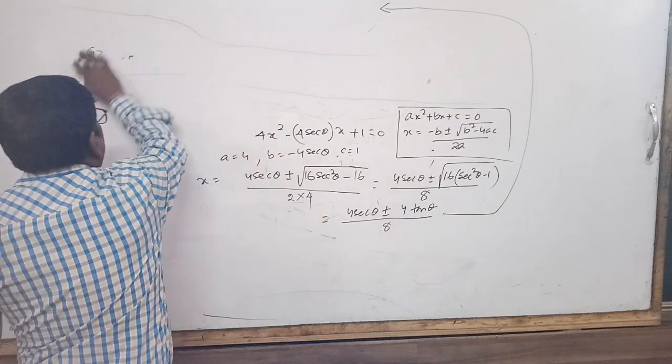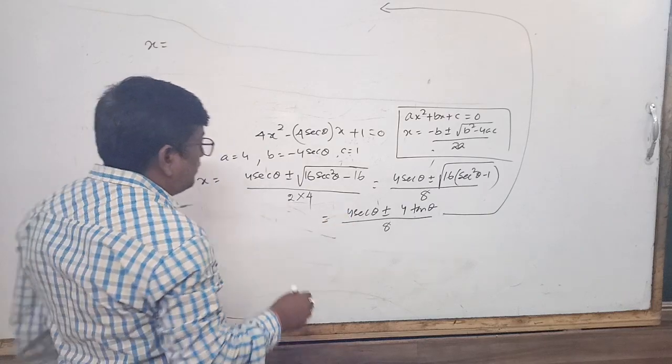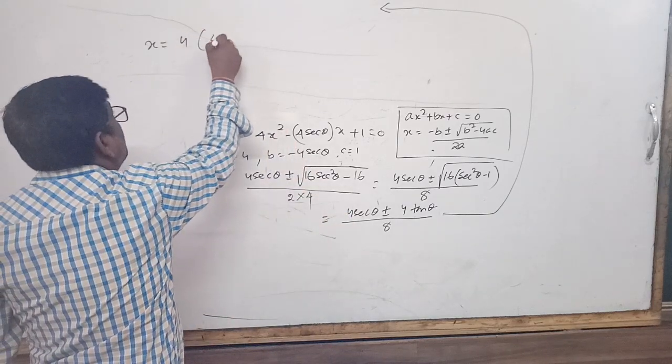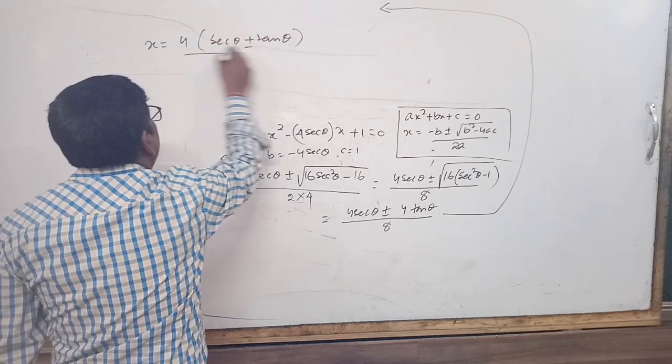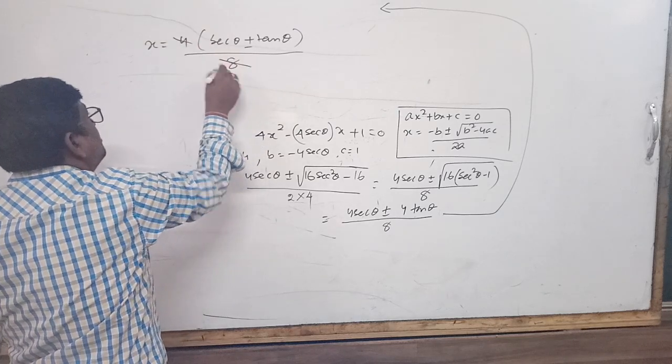x is equal to what? Taking 4 common here, this is sec theta plus or minus tan theta divided by 8. 4 twos are 8, that is 2.